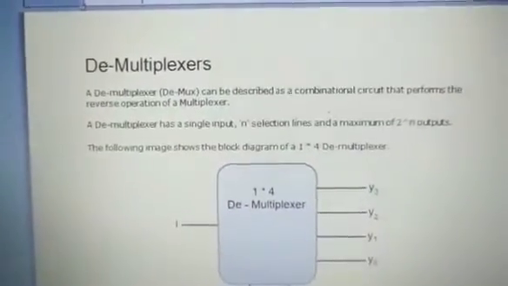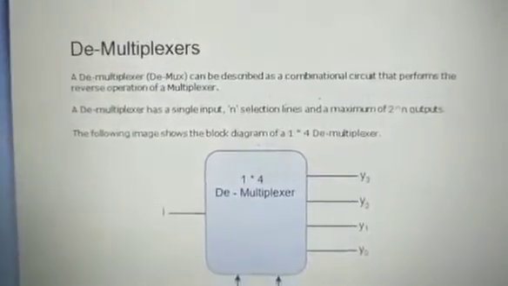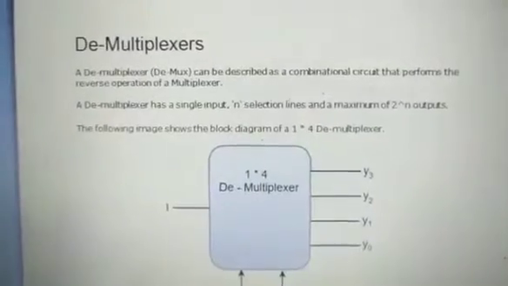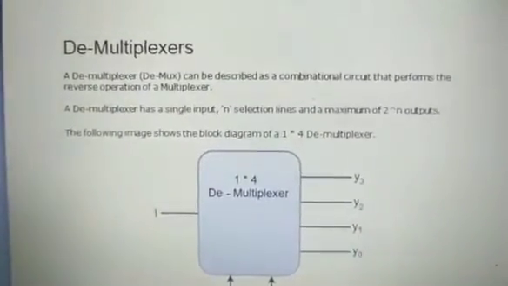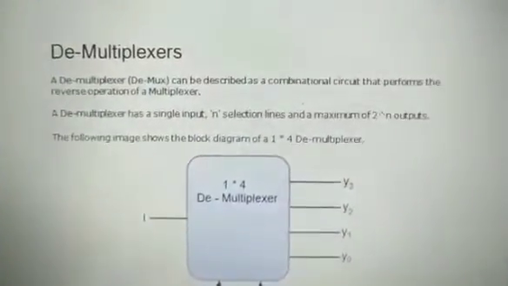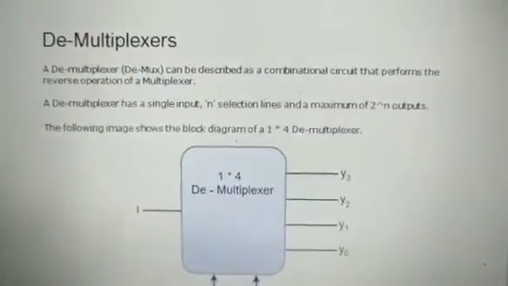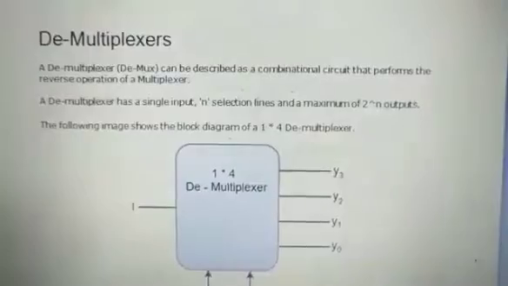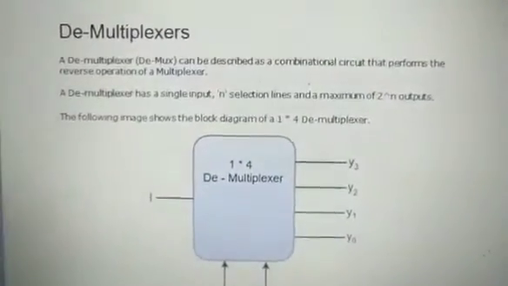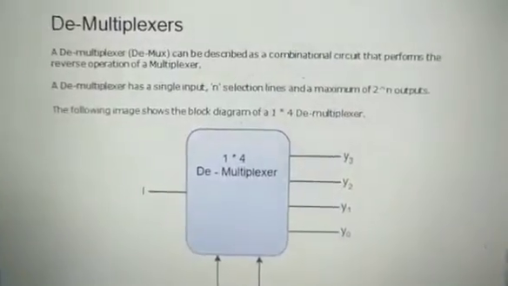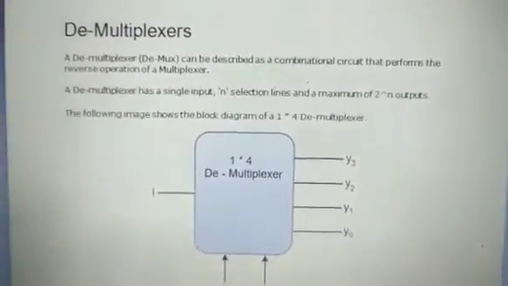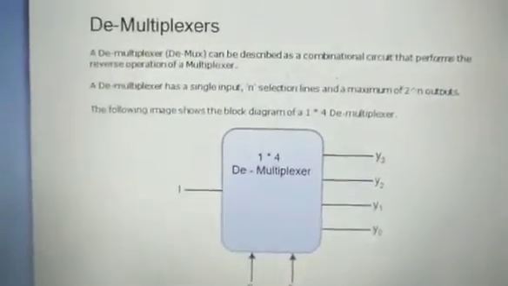It is just the opposite of the multiplexer, which is known as a data selector. From several inputs it selects one, but a demultiplexer does the opposite: it takes one piece of information and transfers it to multiple outputs. That's why it is called a data distributor.